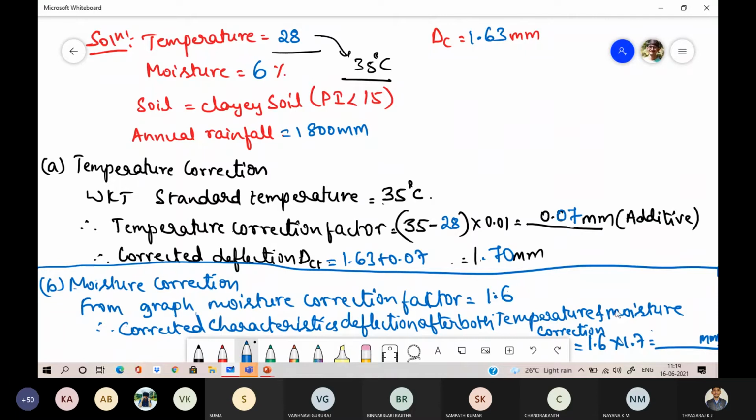Sir, 2.72. That will be the characteristic deflection after temperature correction and moisture correction. So kindly note down the problem and the solution.